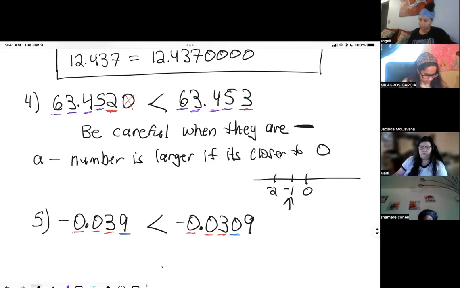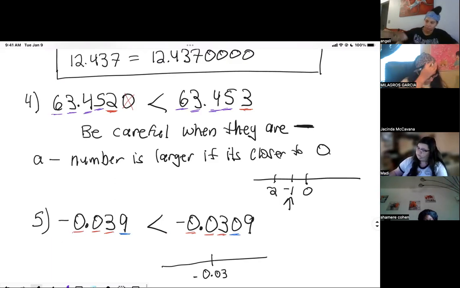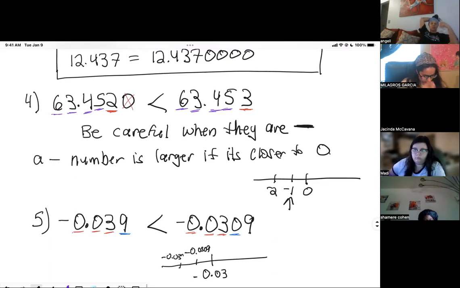And if I think about it on a number line, this is sort of kind of hard to think about, but if I think about negative 0.03, negative 0.0309 is here, and negative 0.039 is here.